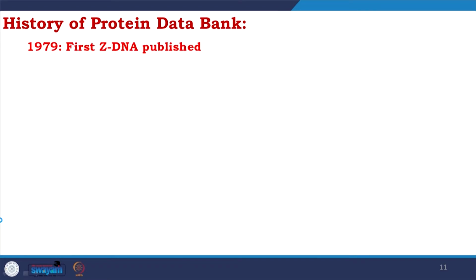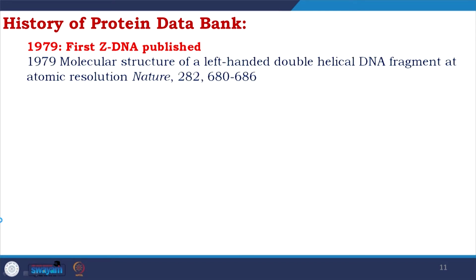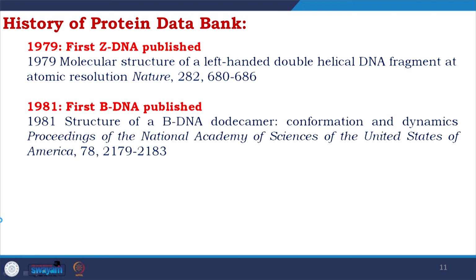In 1979, first Z-DNA published, the molecular structure of a left-handed double helical DNA fragment at atomic resolution, again published in Nature. In 1981, first B-DNA published. In 1981, structure of a B-DNA dodecamer, conformation and dynamics, Proceedings of the National Academy of Sciences of the United States of America.